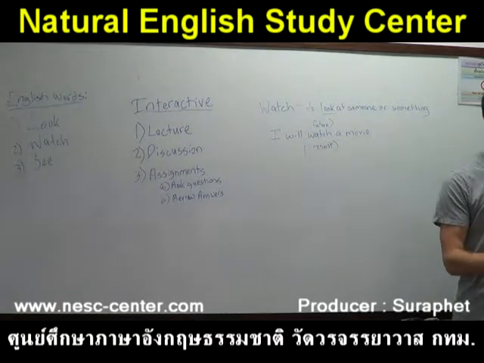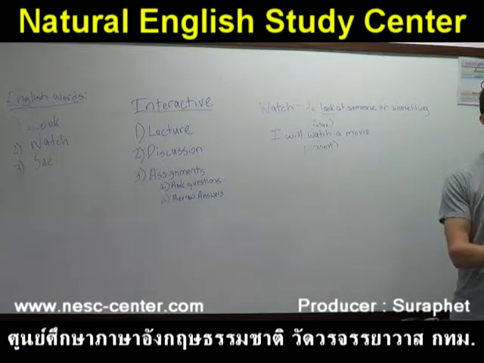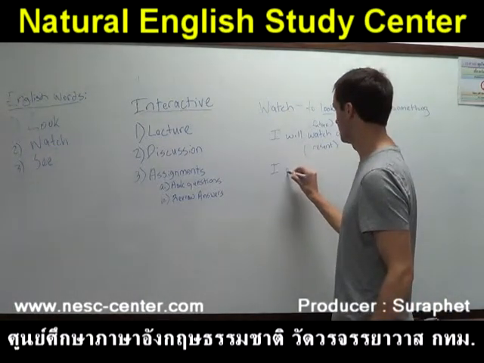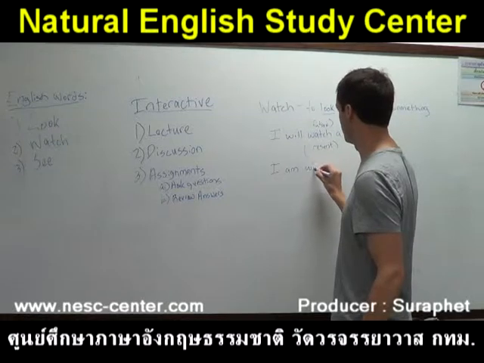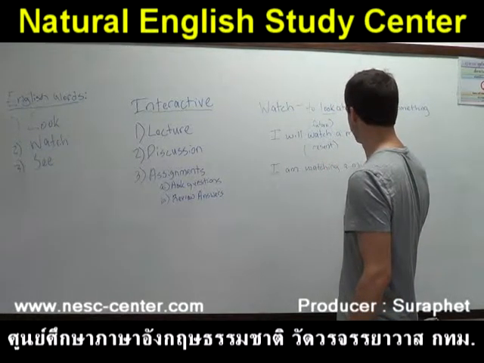As far as proper American, I say proper American, but proper English, I watch a movie would not be the appropriate way of saying I am watching a movie at that current time. If right now I was watching a movie, I would say I am watching a movie.